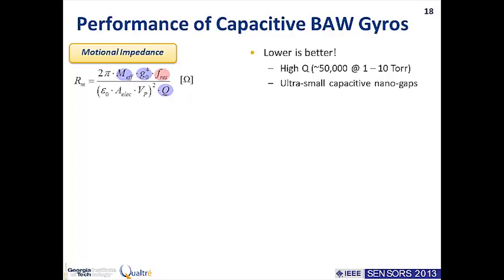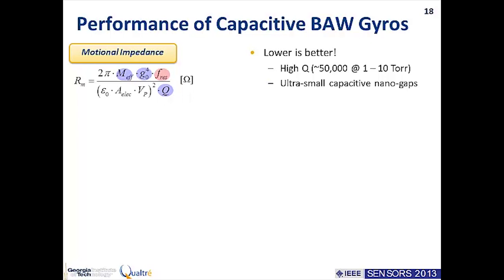So basically, if we look at this function, we see that obviously if we go to higher frequencies, this value is going to increase. So that's actually not good in terms of performance. So if we go, for example, from 10 kilohertz to 10 megahertz, then you're degrading your motional resistance by 3 orders of magnitude.